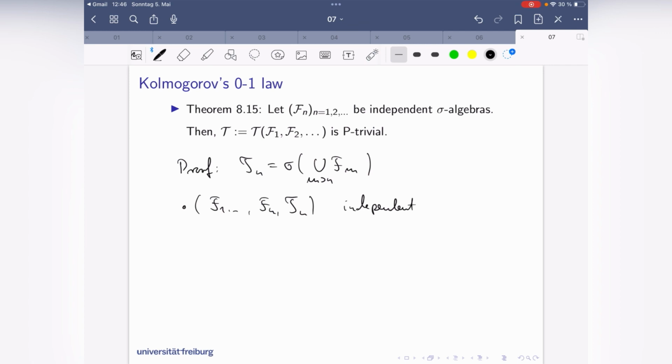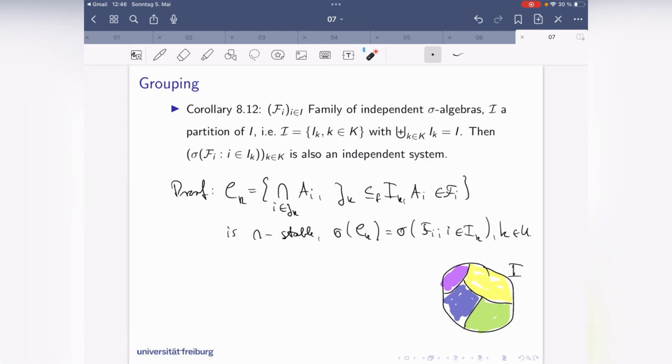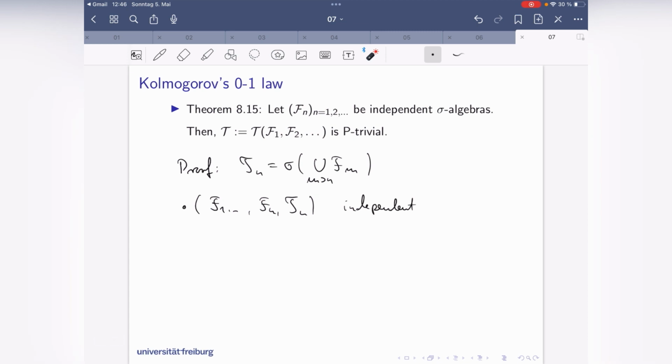Why is that the case? The F_n's are independent, and I'm just grouping everything which comes after n into one sigma algebra, and we had this grouping lemma, which means these are also independent. So they're independent for all n.